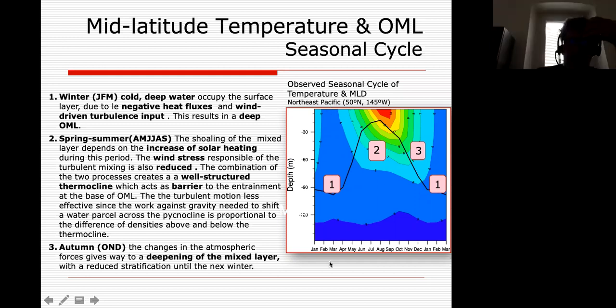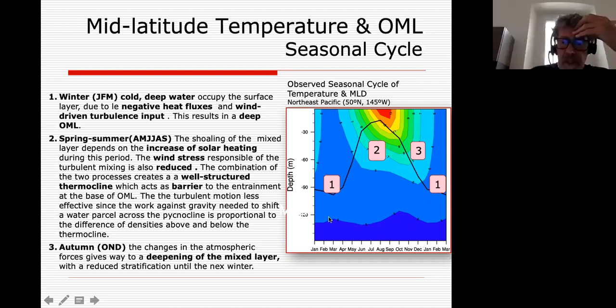We can see that practically the whole water column up to this interface below 100 meters is occupied by a cold, deep water. The deep water has the same properties as those we can find at the surface.